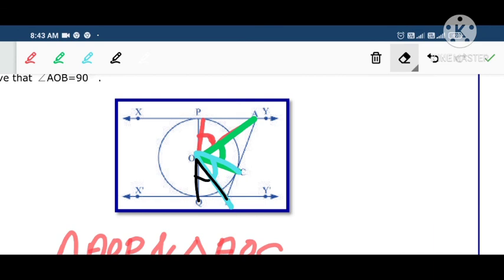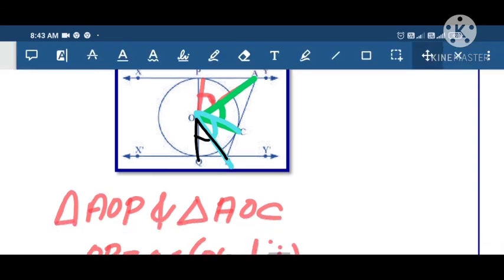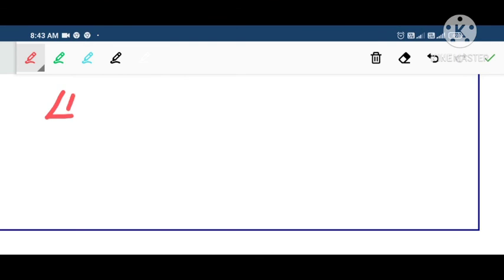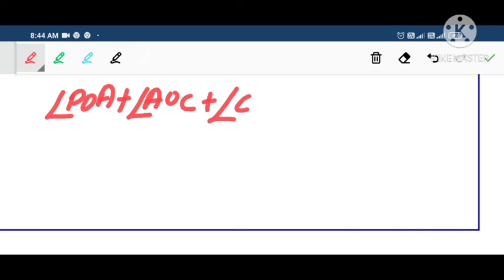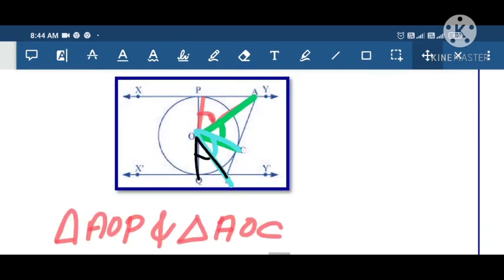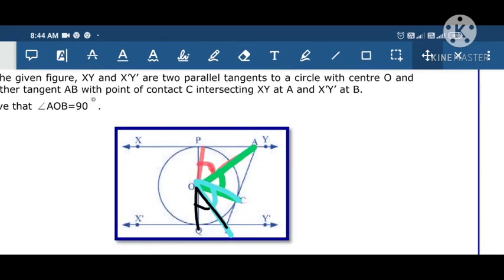So now we add all the angles one by one: angle POA plus angle AOC plus angle COB plus angle BOQ is equal to 180 degrees.